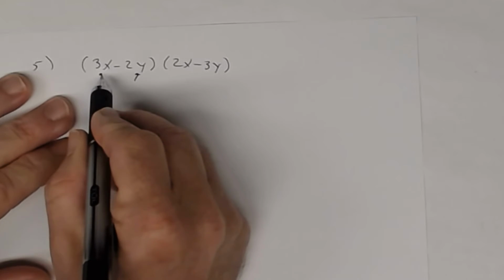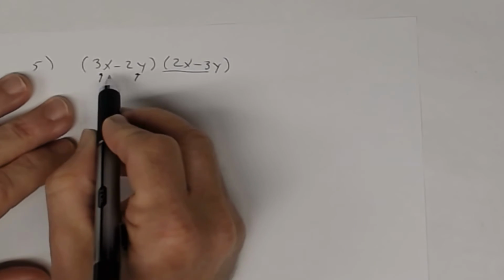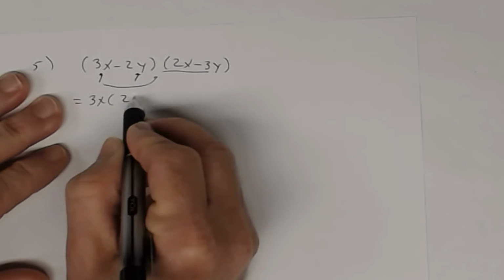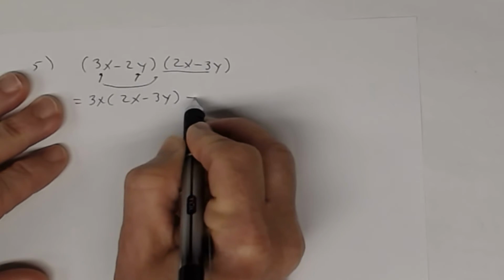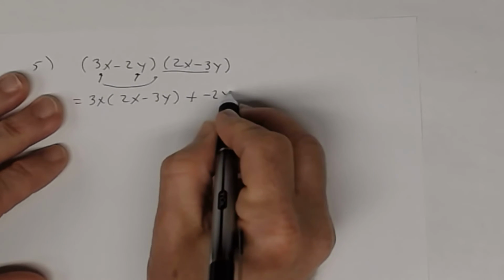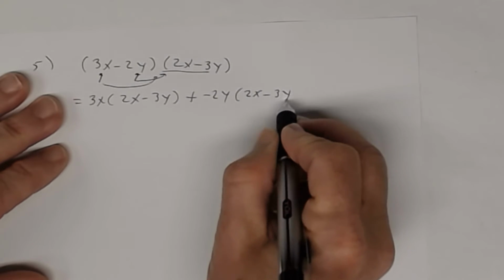So we're going to take each of those terms and multiply by that second polynomial. So this term is 3x. I get 3x times this polynomial, 2x minus 3y, plus this term is a negative 2y, so keep that in mind, negative 2y, and you can multiply it by that second polynomial as well.